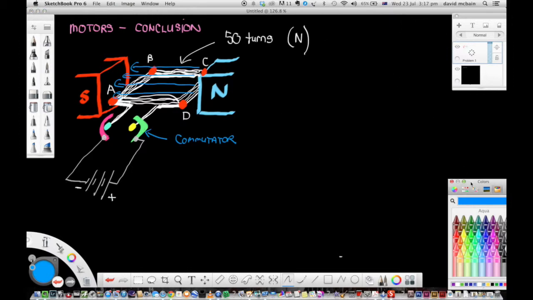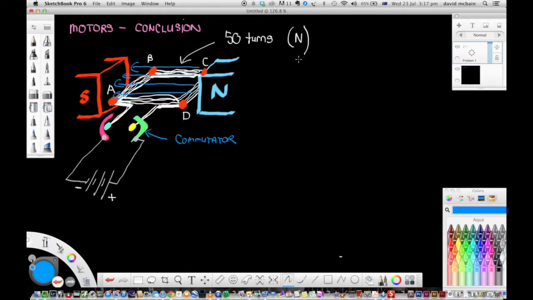Okay, a bit of data I'm going to give you. I've already given you the fact that there are 50 turns in the loop. The second piece of data is that the magnetic field strength B is 0.6 Tesla. Side AB, the distance from A to B, is 10 centimeters.